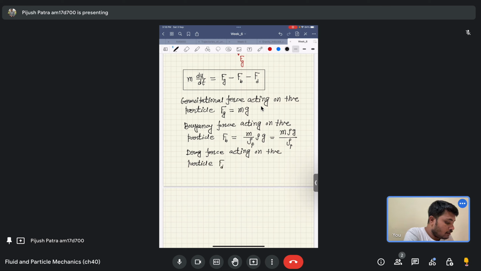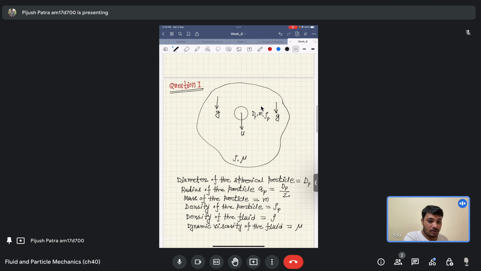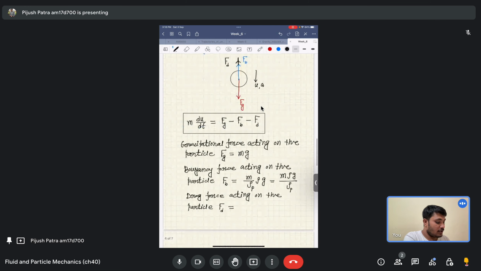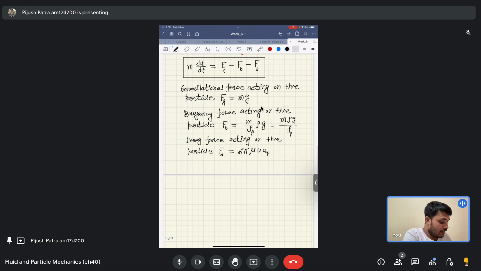Fd is equal to, you know from the Stokes drag formula, 6 pi mu u times the radius of the particle, which is ap. If I write it in terms of the diameter, it is 3 pi mu u into dp.